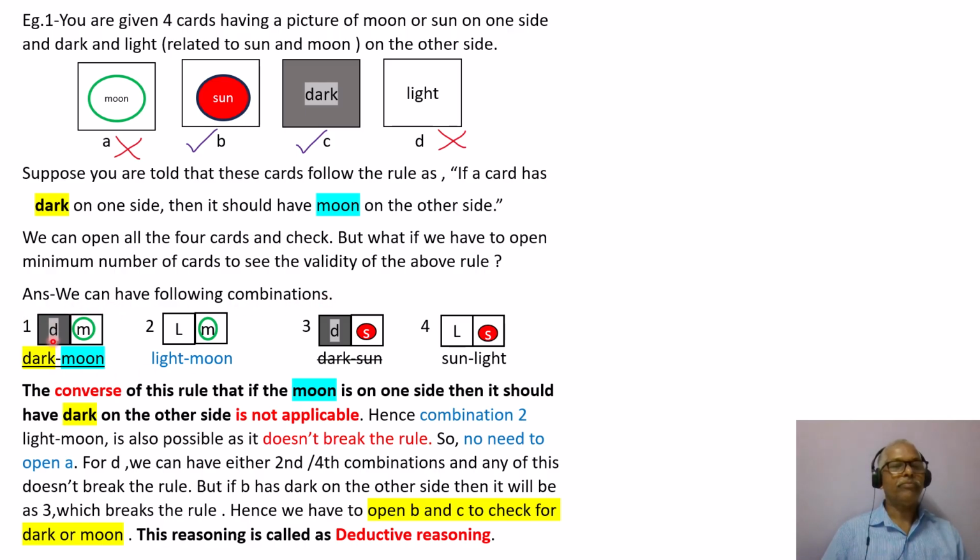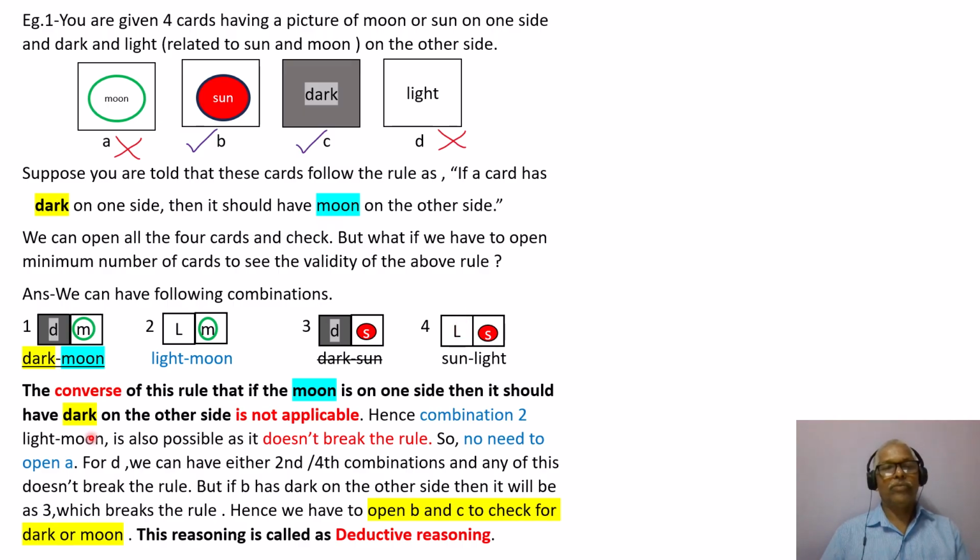Dark, moon, light, moon. So moon can have either dark on this side or light on this side. Now dark, sun, light, sun. Sun can have dark on this side and sun can have light on the other side.